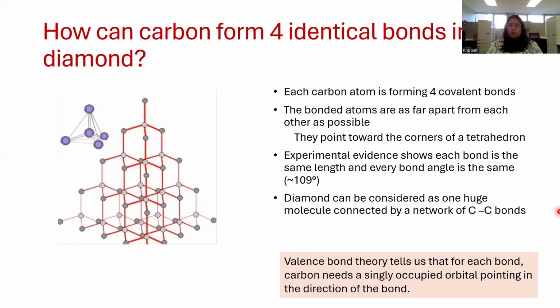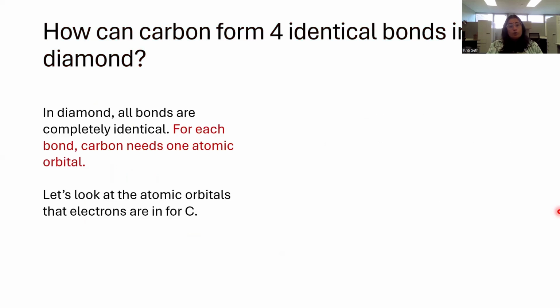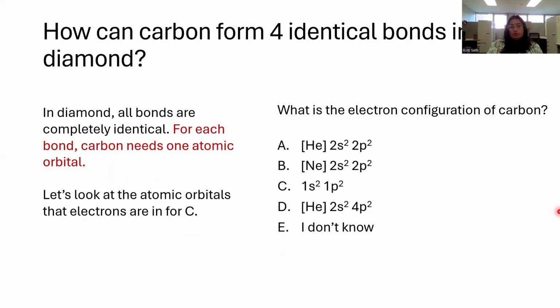Let's look at the atomic orbitals that carbon has. For each bond, carbon needs one atomic orbital. To look at atomic orbitals, what we need is the electron configuration, right? So what's the electron configuration of carbon?